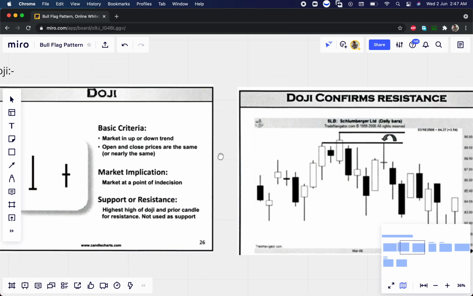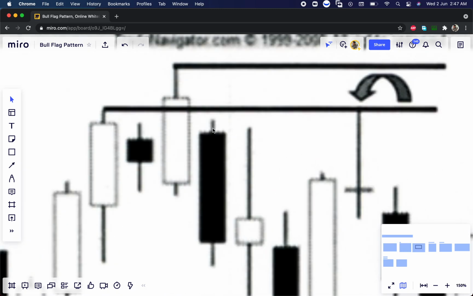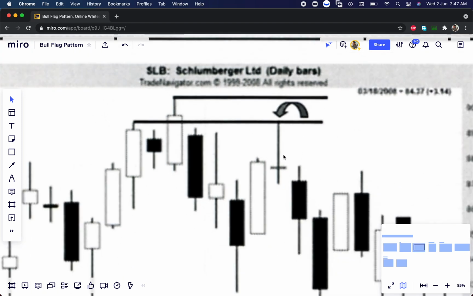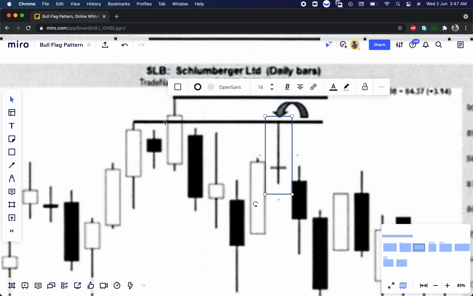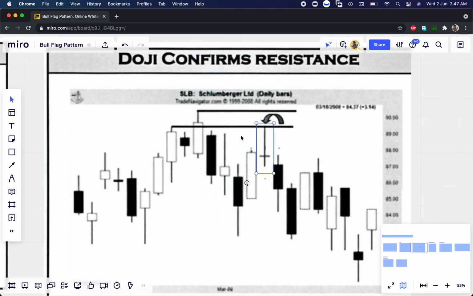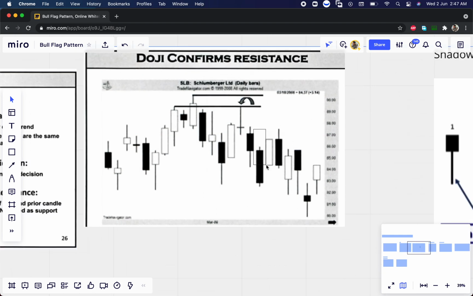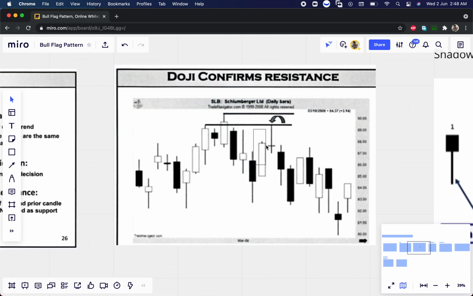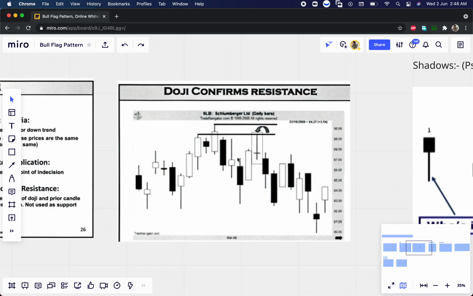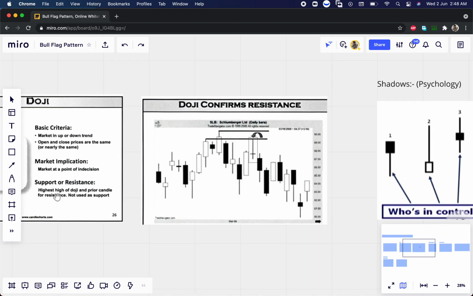Like in the following picture, here we can see the highest high of the doji, and this was used as the resistance line. So it's very clear now that dojis aren't used for support, but they can be used for resistance. Right, the highest high of doji and prior candle for resistance.